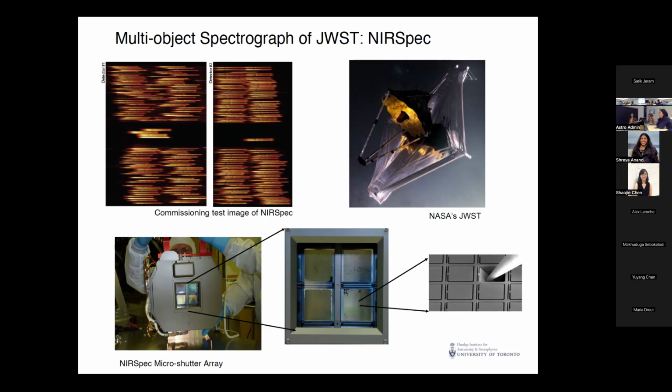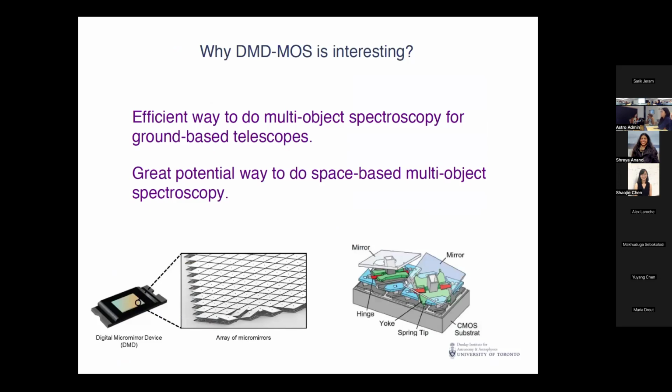But we are really inspired by this concept, so what we do is come up with the DMD. What is a DMD? DMD is a digital micromirror device. It's very commonly used for projectors or other commercial equipment.